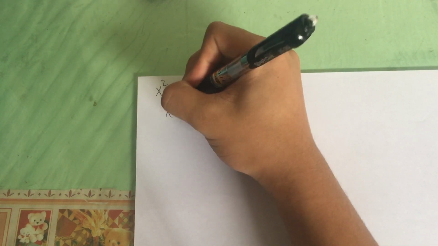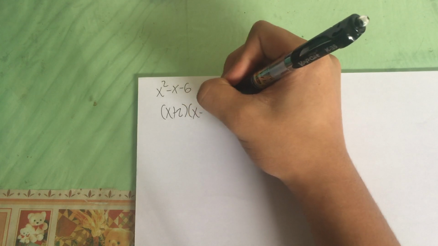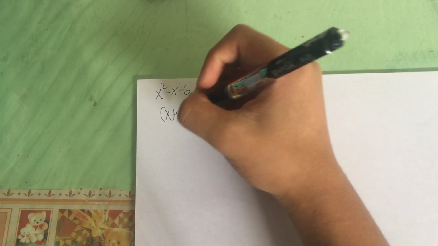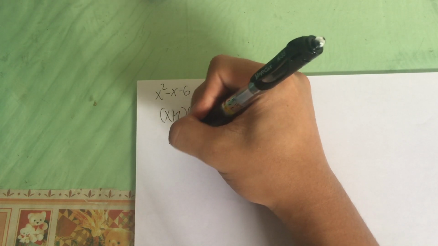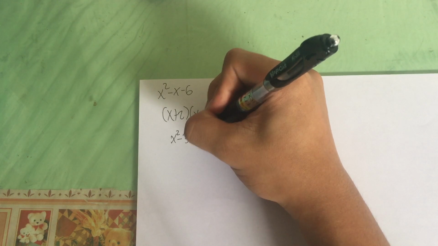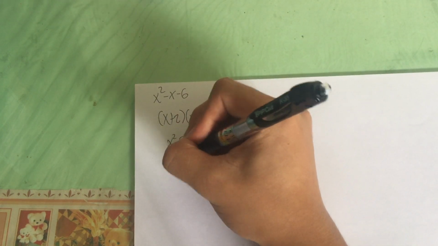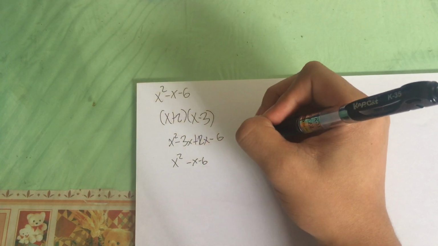So x plus 2, x minus 3. Then distribute it all. X squared minus 3x plus 2x minus 6. Combine like terms: x squared minus x minus 6.